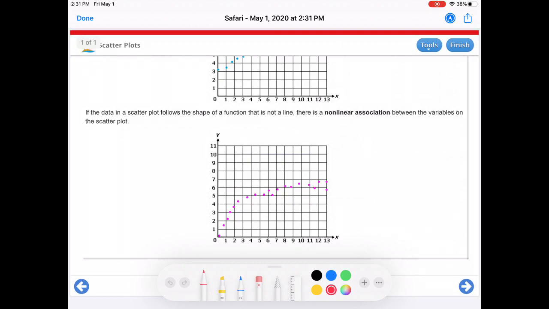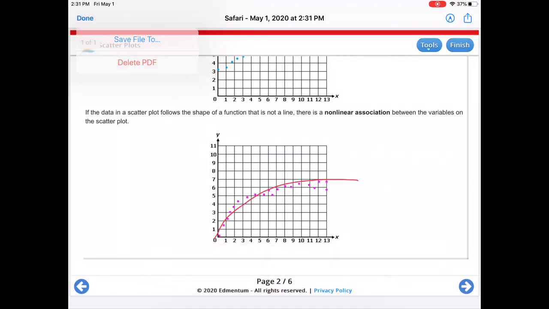If I look at this part here or that part there, those are definitely linear types of relationships, but not together. And you can't say something is linear and nonlinear at the same time. So it's either one or the other. Study Island tries to trick you a little bit in saying, oh, this is a linear and nonlinear situation. It can't be. It's got to be one or the other. So this one, if you try to draw a model that fit it, would look like that. And that is clearly not a line. So this would be a non-linear relationship.